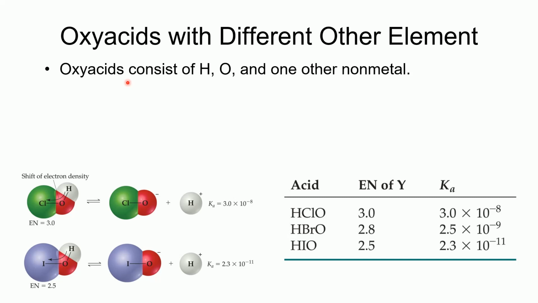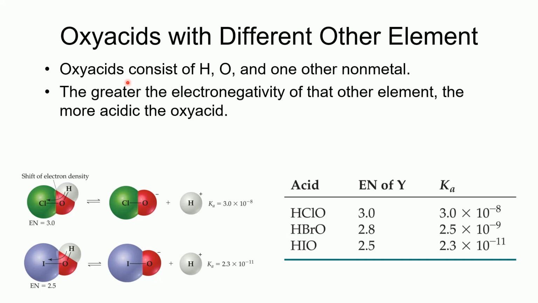We're going to find that as the electronegativity of that other element, the one that's not hydrogen or oxygen, increases, the oxyacid will become more acidic. As a comparison here, we've got hypochlorous acid and hypoiodous acid. And there's a pretty significant difference in the electronegativity between the chlorine and the iodine.